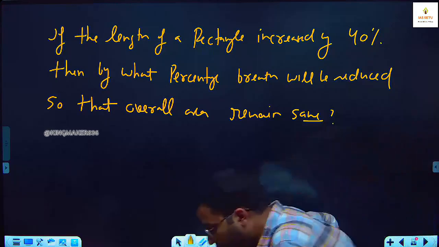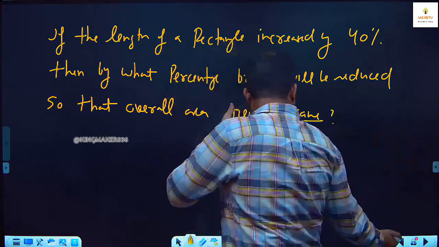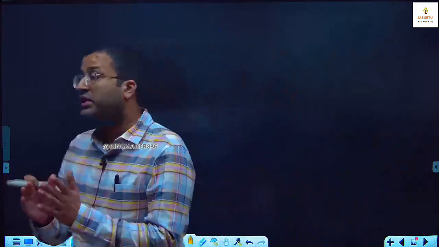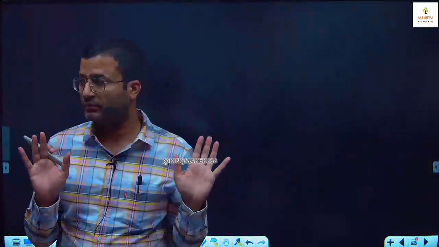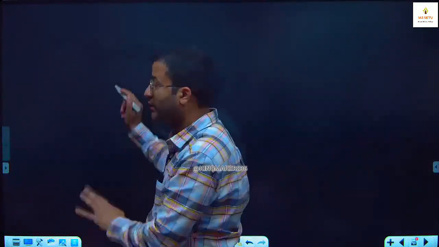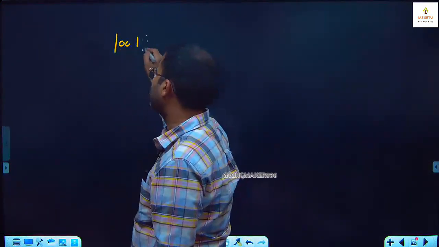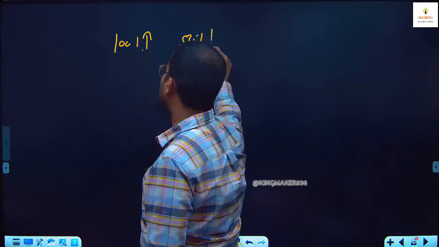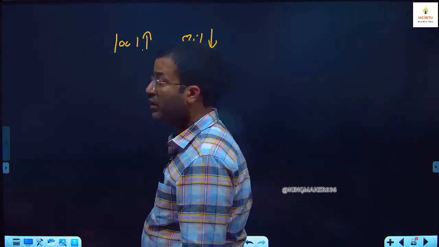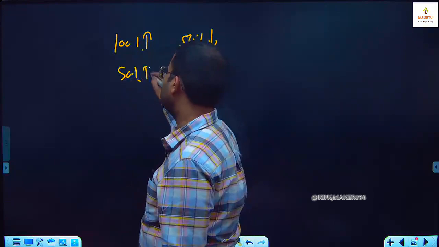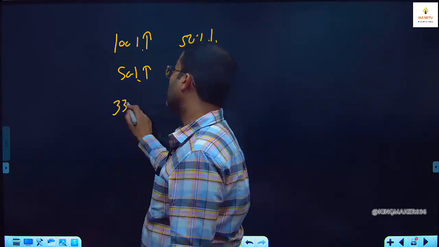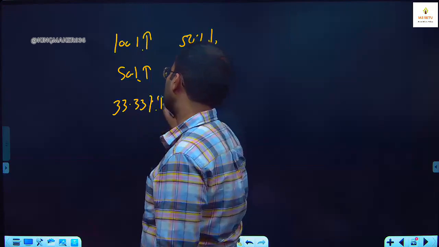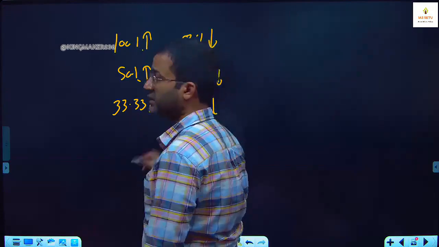Now I tell you, in a wonderful way I have given only a few values. मैंने सिर्फ लिमिटेड वैल्यू बताई थी। 100% increase compensated by 50% decrease, 50% increase compensated by 33.33% decrease, 33.33% increase compensated by 25% decrease.